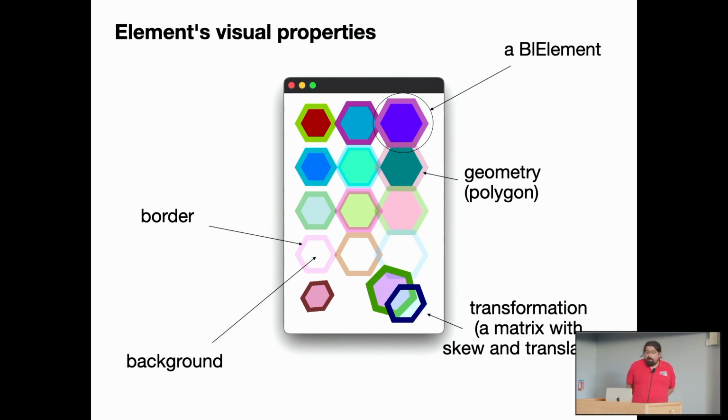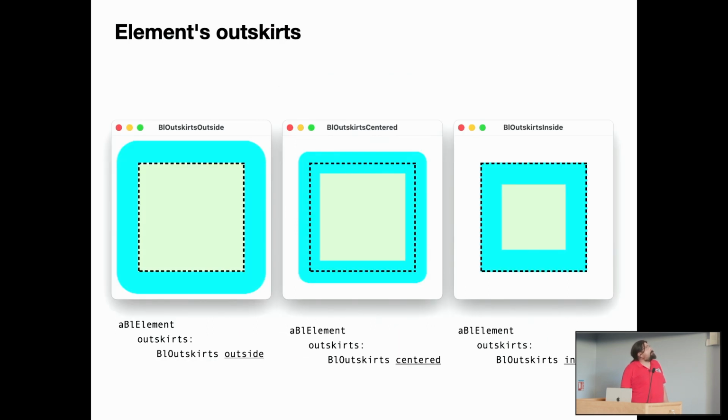We have different concepts like geometry, that is the shape of the element. In this case, we have one that is a polygon. Also, we can define border, background, transformations, like a matrix that skews and translates the BL elements. So we can manipulate these graphic elements and compose them to do different and really powerful graphics.